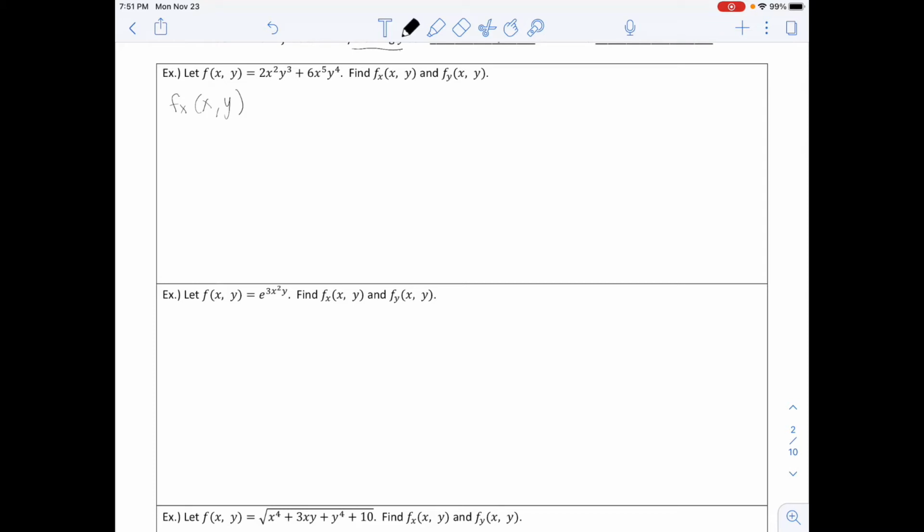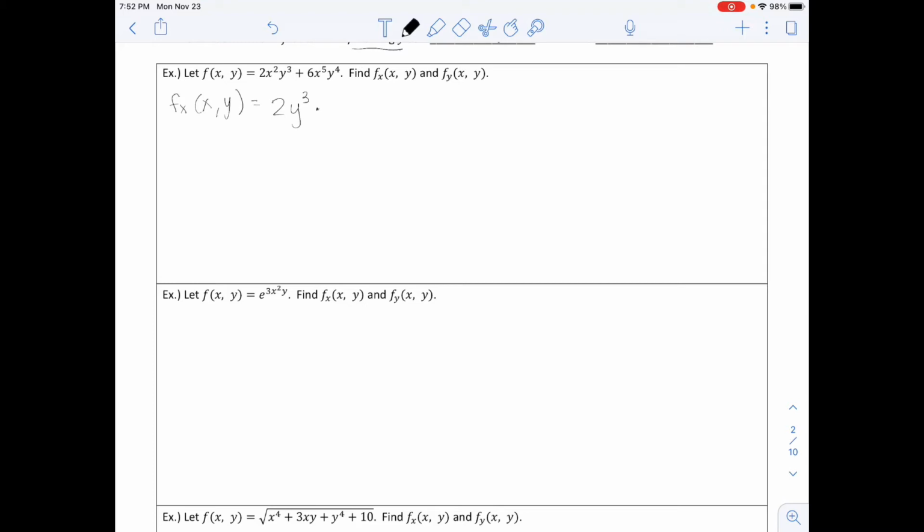So in order to do this, we have 2x squared y cubed is our first term. And so taking the derivative of the first term with respect to x, we know that 2 and y cubed are both just constants. So you can treat those as just a constant and write both of those down, times the derivative of our variable. Remember, a constant just stays there, we bring it right down.